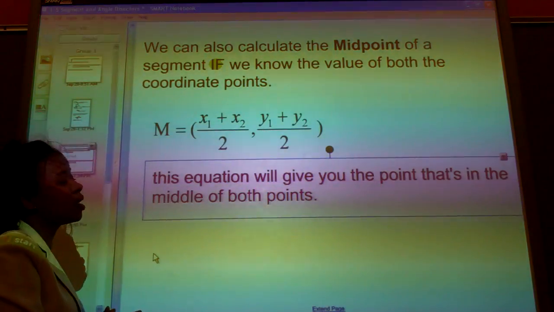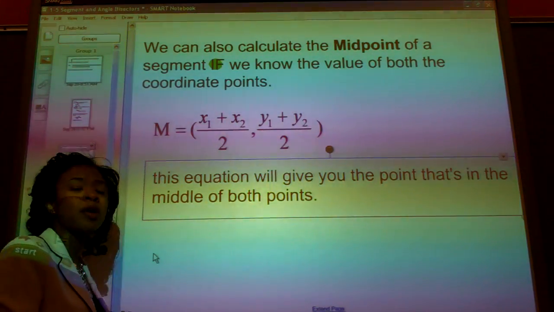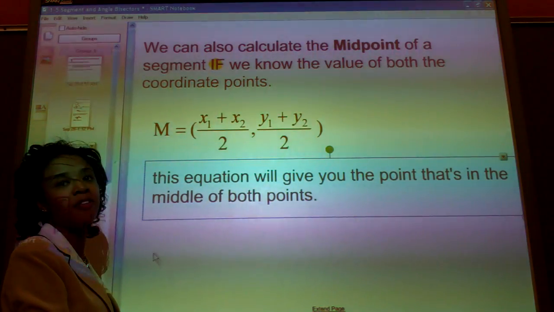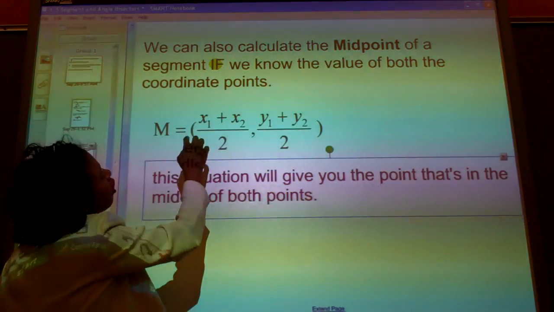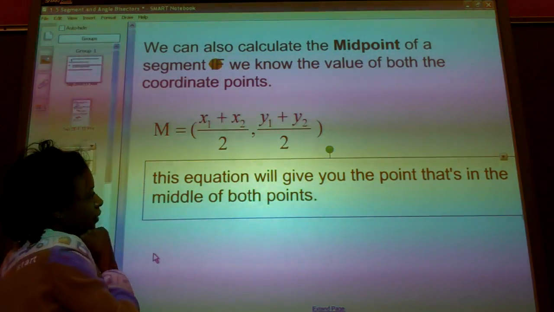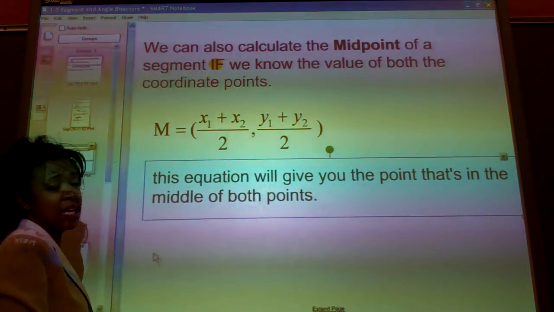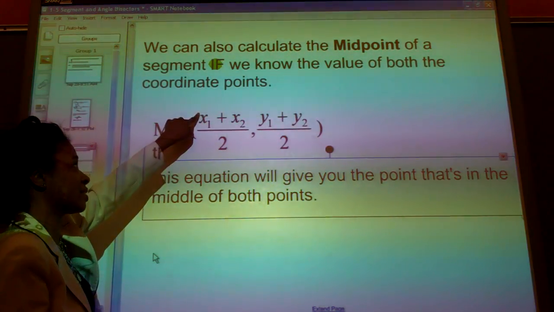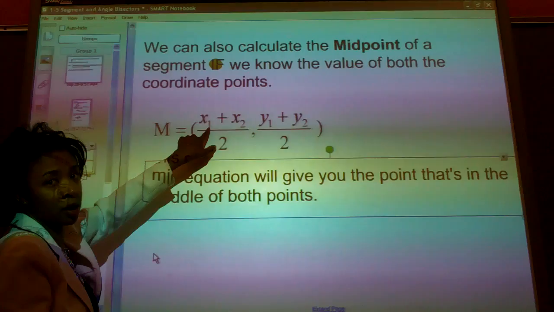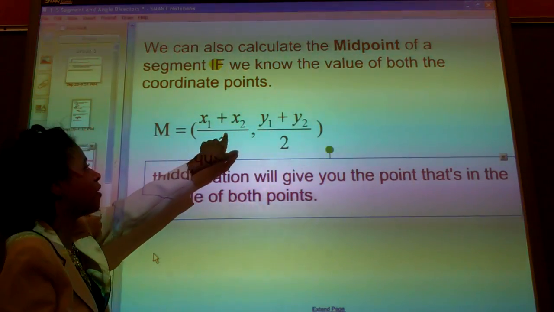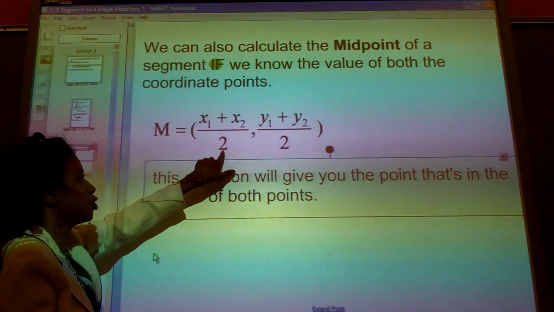We can calculate, let's say if we're on a coordinate plane, the exact X and Y coordinate of the midpoint if we know the value of both the first point and the second point. This is the midpoint equation with a capital M equals X subscript 1, you may hear me say X sub 1, plus X subscript 2 divided by 2.